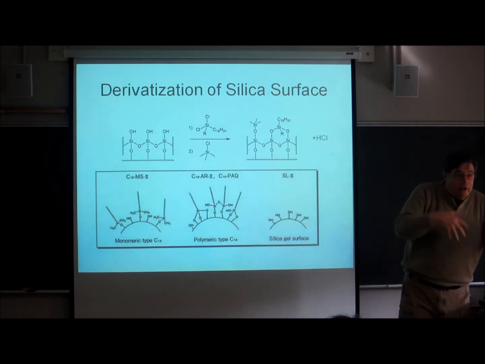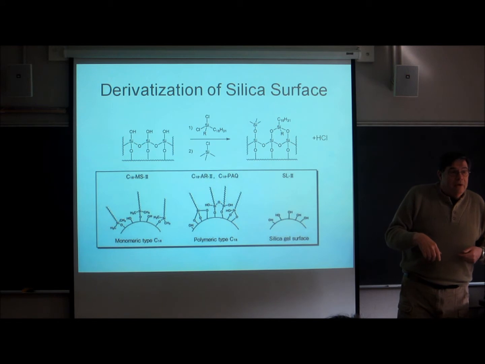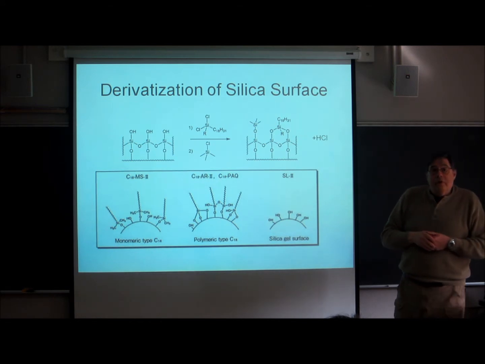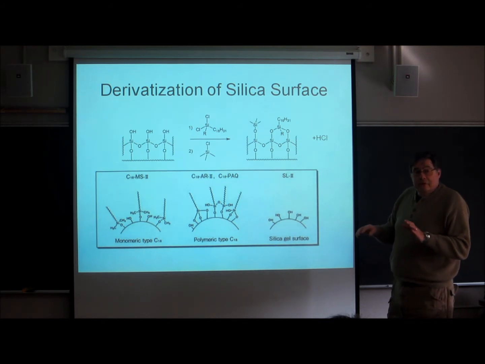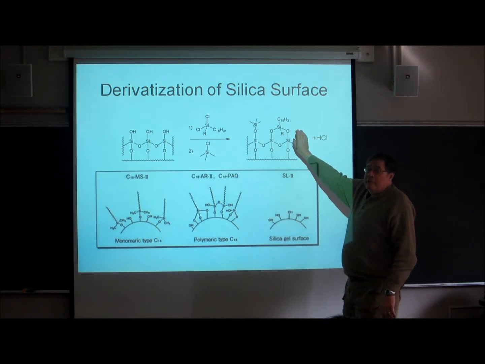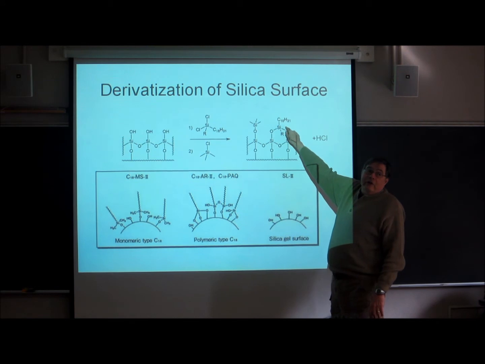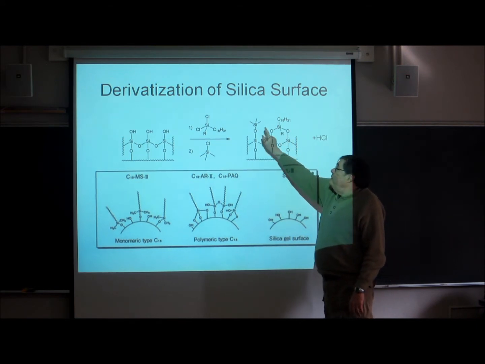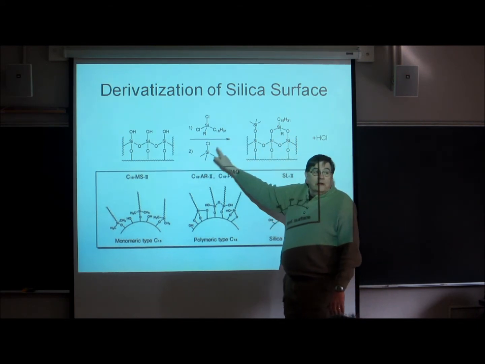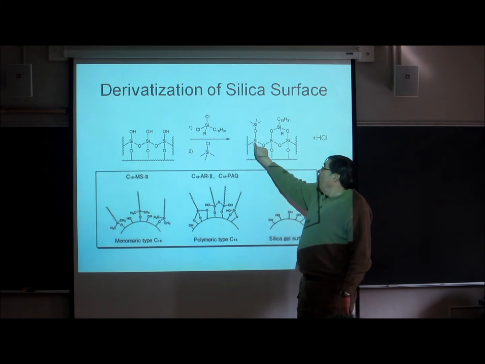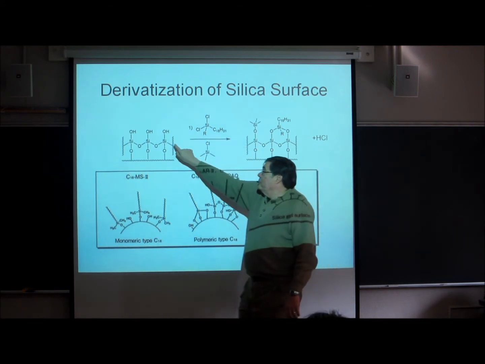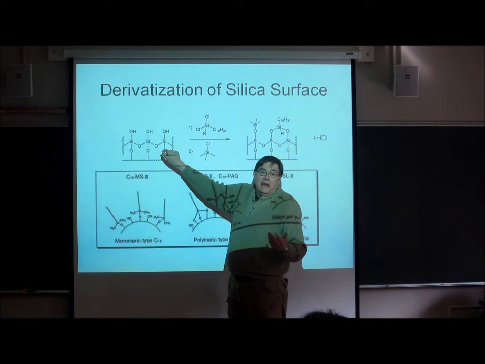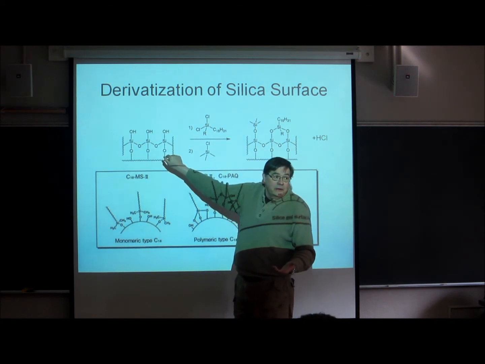We get a mixed mode of interaction, which is not always good. It's not always bad, but it's not always good. So one of the things we can do to cover for the fact that we only have about 50% of this good oily stuff on the sites is add something that's small and can work its way down and react with some of the remaining SiOH sites, maybe half of them, maybe 2/3 of them, something like that.